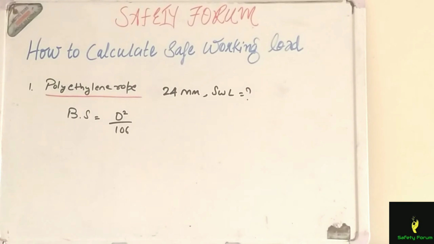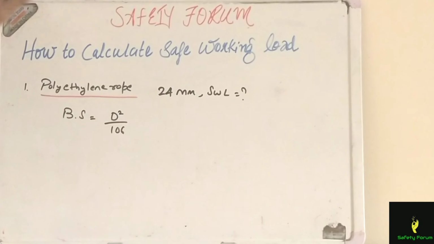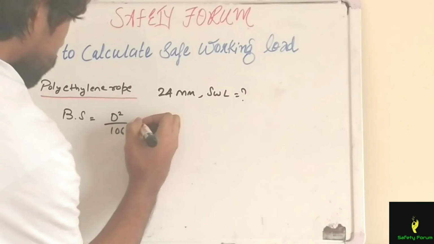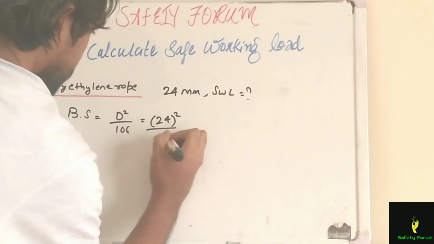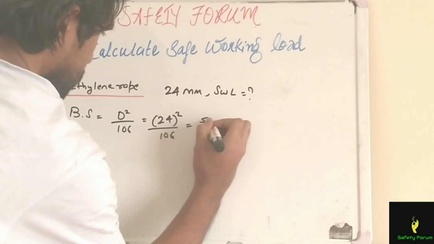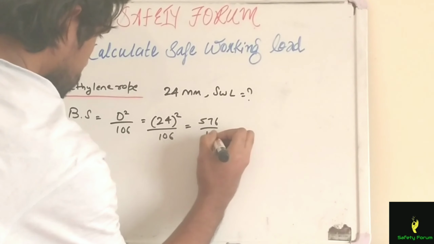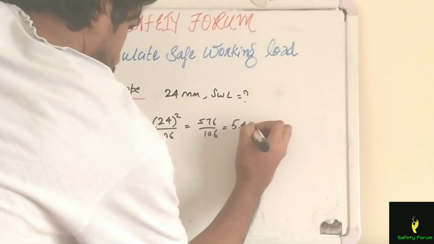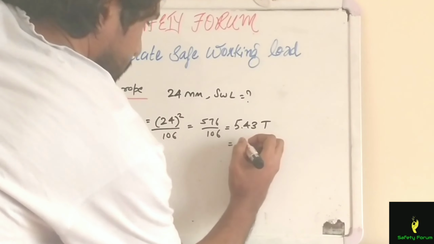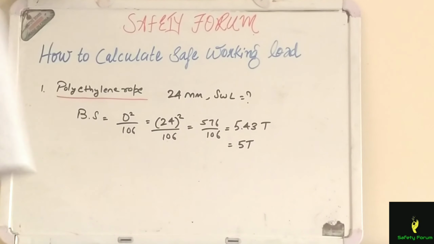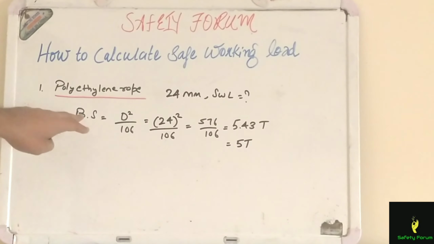If you are using it in your company, how will we calculate the safe working load? So it will be 24 whole square by 106, which will be 576 by 106. So it will be 5.43 tons. So approximately we will be seeing 5 tons weight.